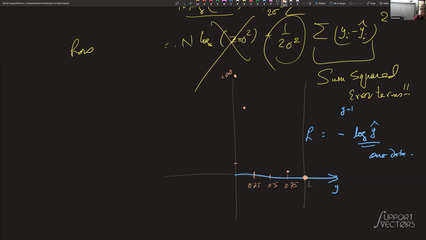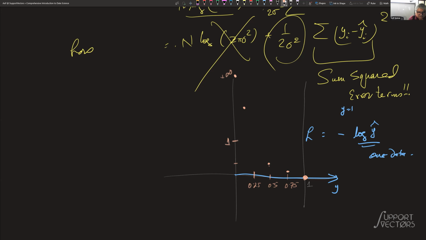What is log of half? Base e. Approximately 1, a little less than 1. Minus log of 0.5 is 0.69, right? So let us just take 0.69 to be here. I will take this distance to be 1 unit.